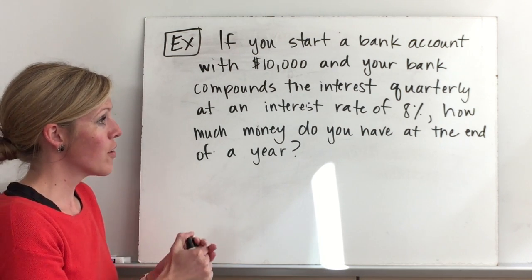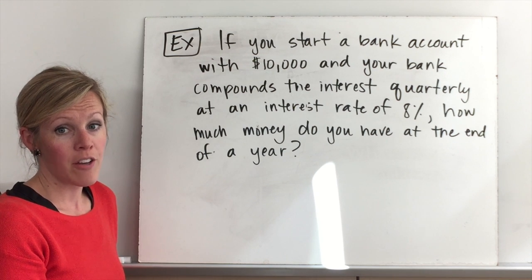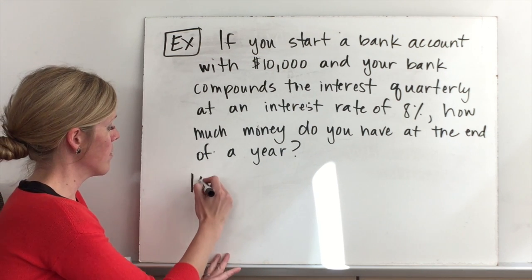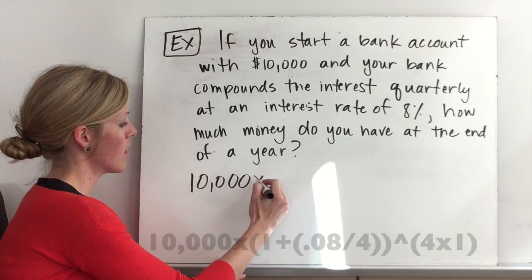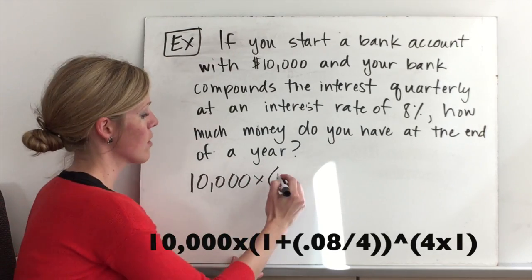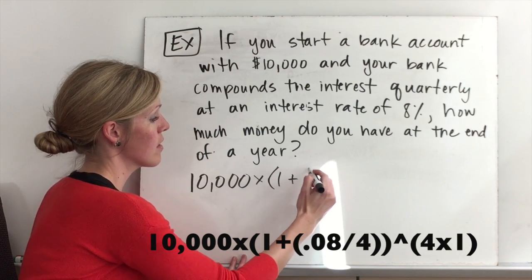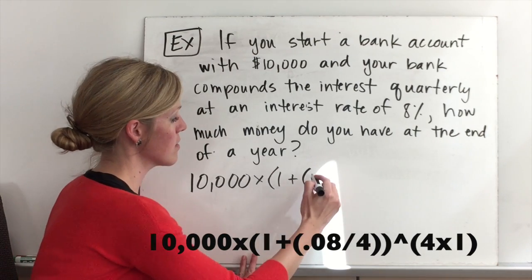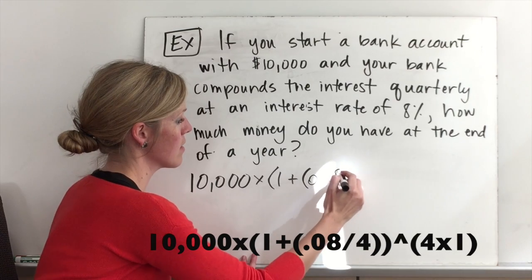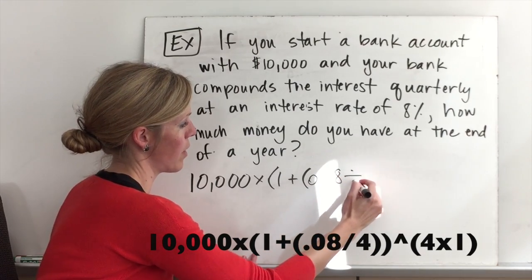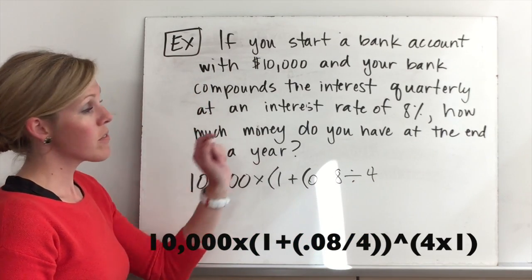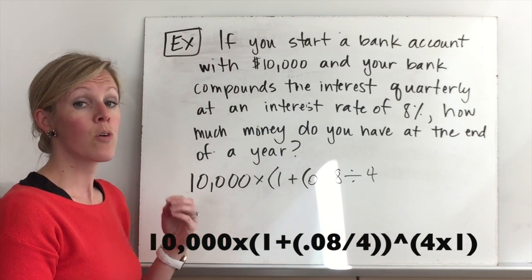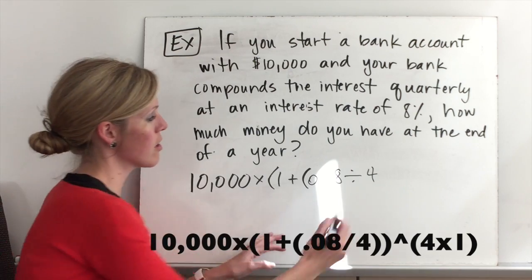All right, so this is what we're going to put into our calculator this time. 10,000 times, open parentheses, 1 plus another open parentheses, 0.08 divided by 4, because the number of times this interest is compounding is quarterly, and there are 4 quarters in a year.